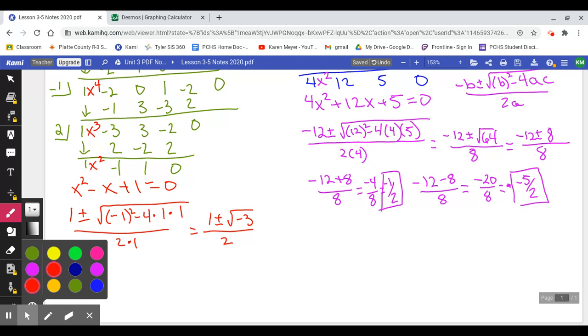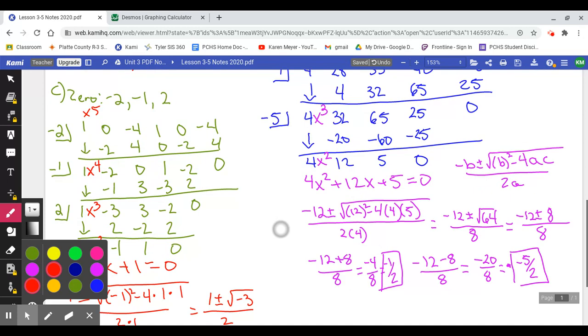Now, because there's a negative under the square root, that means you have to put an i on the outside. And square root of 3, it's not a perfect square. It doesn't break down with the factor tree, so we don't have to do anything. So we're finished. And remember, because you have the plus or minus, that means that answer really counts twice.